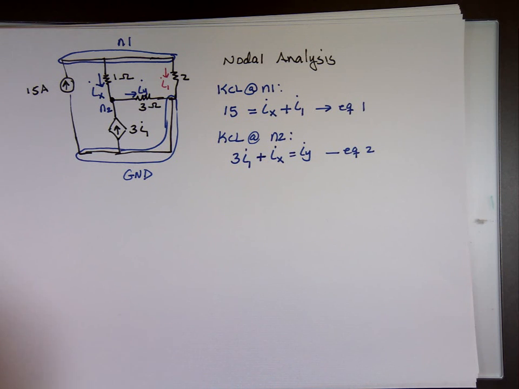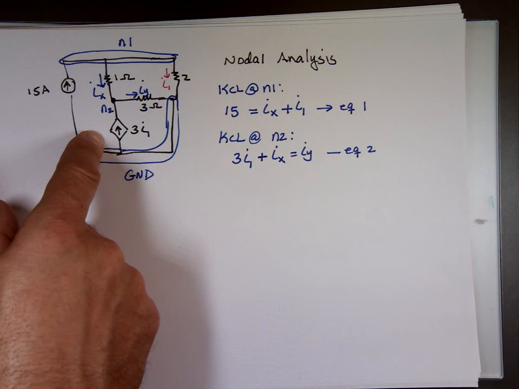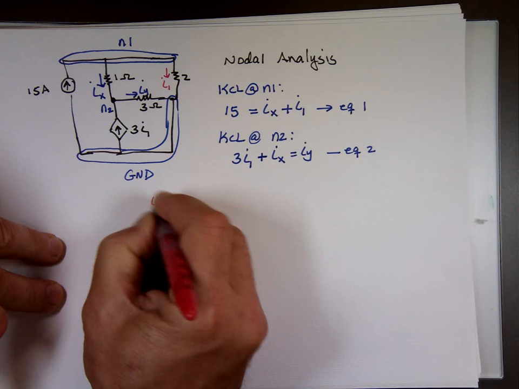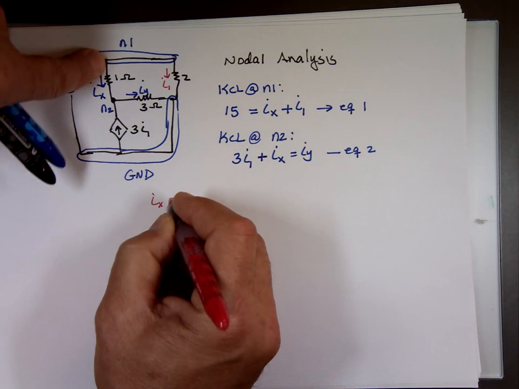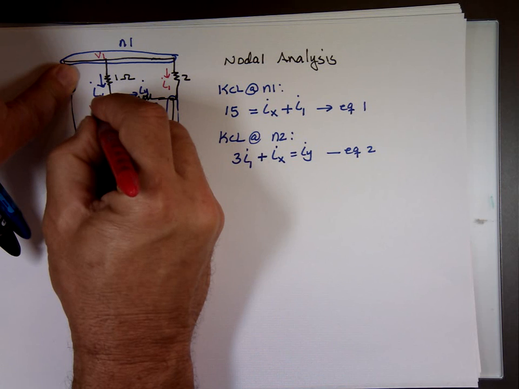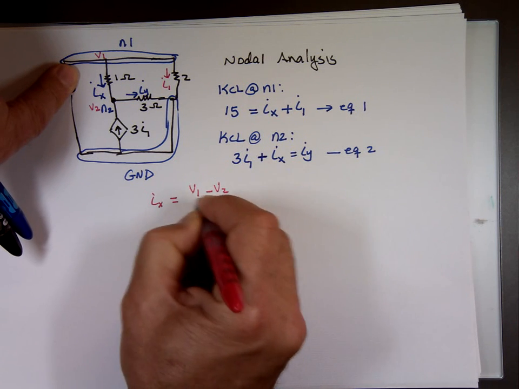We need to change everything back in terms of voltage. I define I sub x as the current coming down. That means I sub x is going to equal, with the voltage at node 1 called V1 and the voltage here called V2, V1 minus V2 divided by 1.